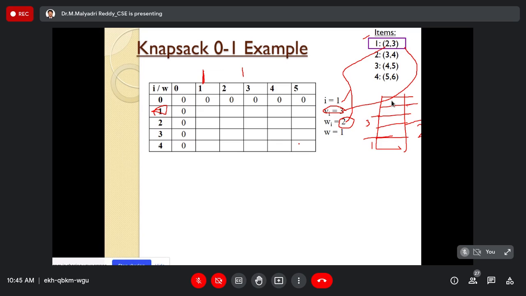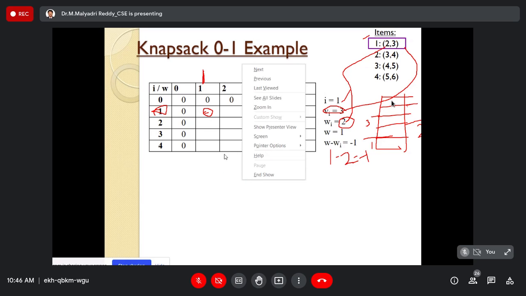I need to check the condition whether this part is supported by the weight or not. W minus W1 is equal to 1 minus 2, which is -1. In this position, the object is not included.